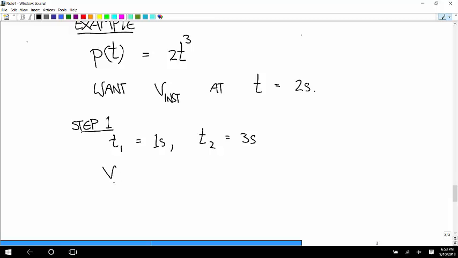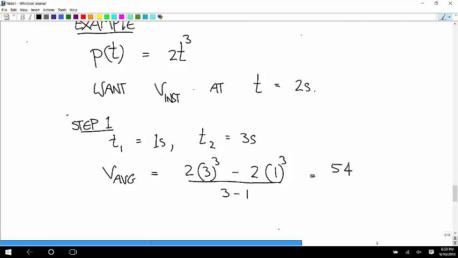The average velocity for those two choices would be 2 times 3 cubed minus 2 times 1 cubed, divided by 3 minus 1. 3 cubed is 27 times 2 is 54. 1 cubed is 1 times 2 is 2. 3 minus 1 is 2.